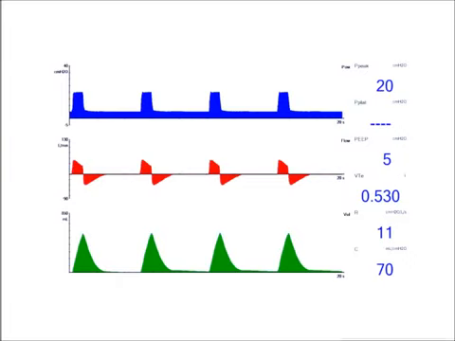Now, can we obtain a plateau pressure in pressure control ventilation? And a lot of people out there will say, no, you can't. My peak inspiratory pressure or my pressure control setting is actually my plateau pressure.